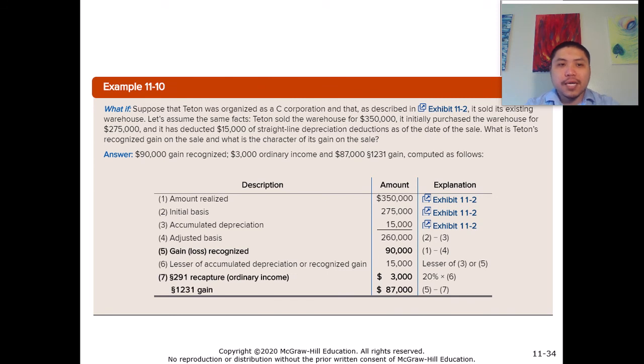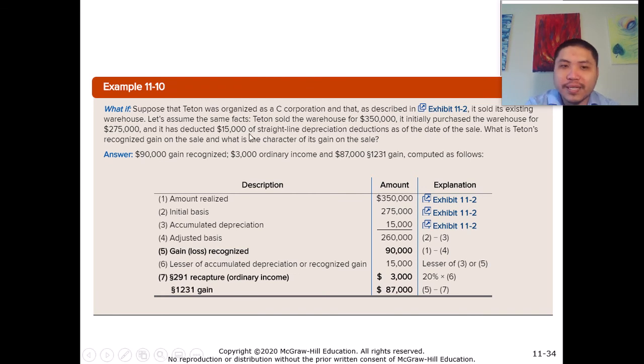This example says, suppose that this company, Titan, was organized as a C corporation. So now it's a C corporation. In all of the other examples, this company was a sole proprietorship or a partnership, so a flow-through entity.